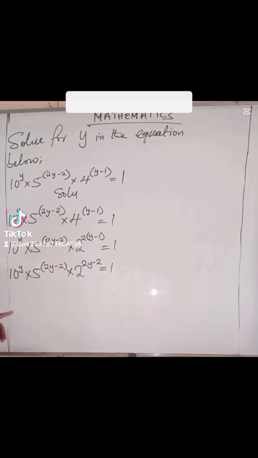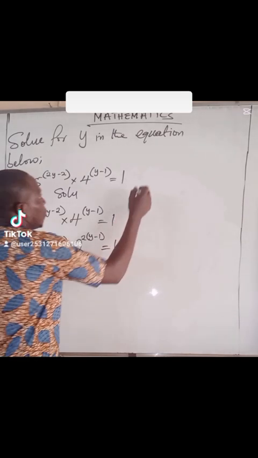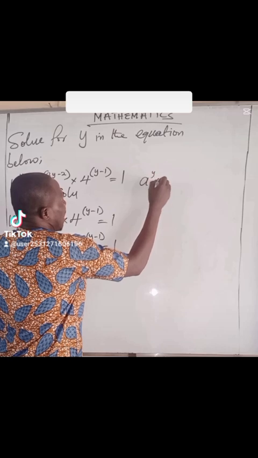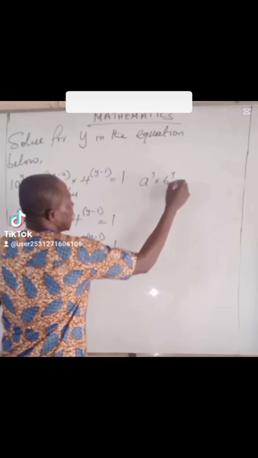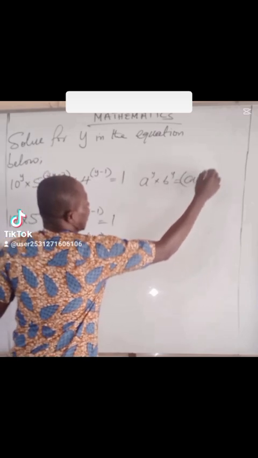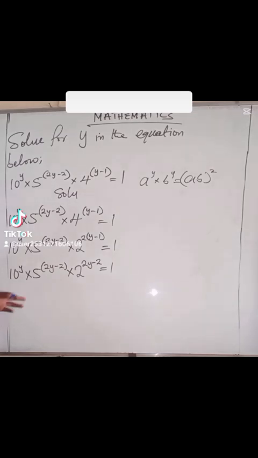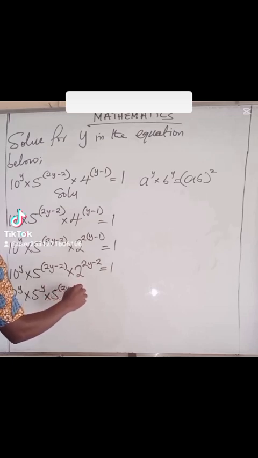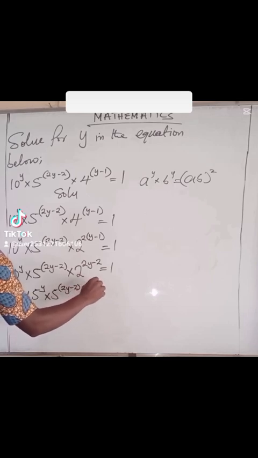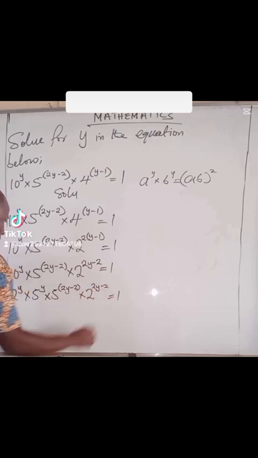I'm going to split this 10 so that I'm going to have 2 times 10, and they are going to carry common powers, because we know that from the law of indices, if we have a^y × b^y, it is the same thing as (ab)^y. And if that is true, we are going to do the same thing here. So that I'm going to have 2^y × 5^y × 5^(2y − 2) × 2^(2y − 2) = 1.